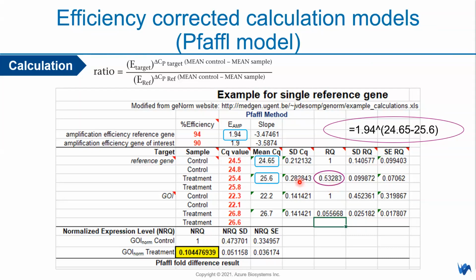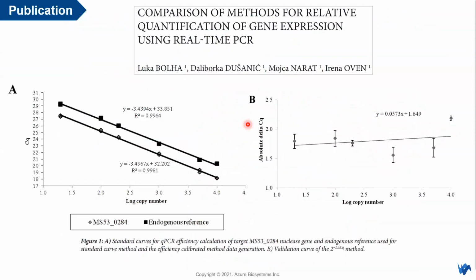You have to bring your attention to this publication, published by Luca Boha, comparing these methods for relative quantification of gene expression using real-time PCR. In this publication, this researcher compares these 3 relative quantification strategies: with standard curve, delta CT, and efficiency corrected. In their paper, there's a lot of data.